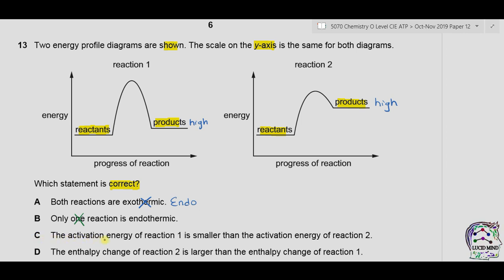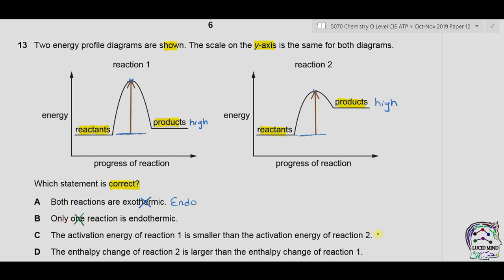Part C. The activation energy of reaction 1 is smaller than the activation energy of reaction 2. The activation energy is the energy that is required by the reactants to convert into the transition state. Similarly, for second reaction, it will be the energy required by the reactants to convert into this transition state. So this is the activation energy required for the first reaction, while this is the activation energy required for the second reaction. As we can see that in second reaction, less energy is required as compared to the first one.